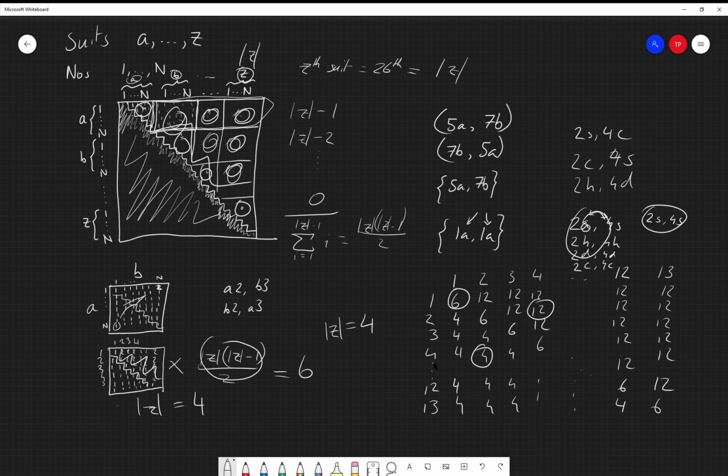And what you might notice is that this 12 here can be thought of as you have 4 choices for the first card, and then you have 3 choices for the second card, and that's 12 different combinations.